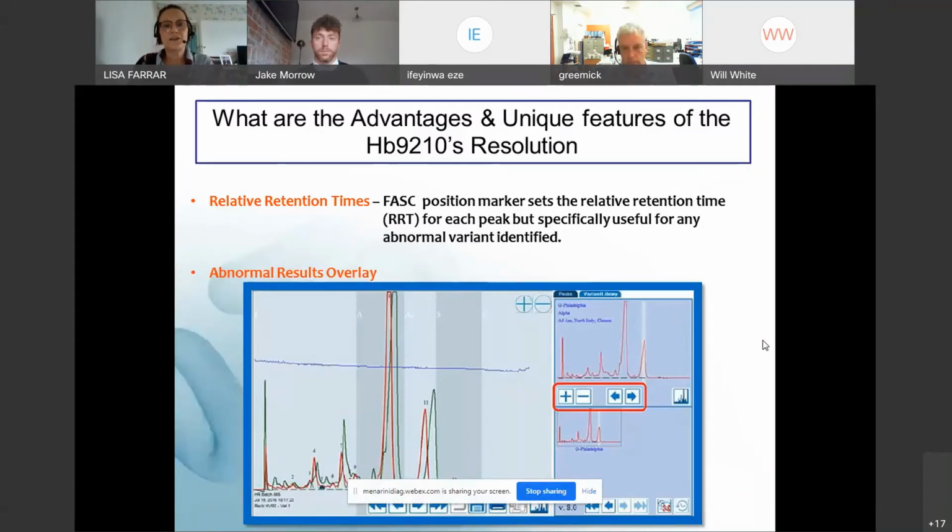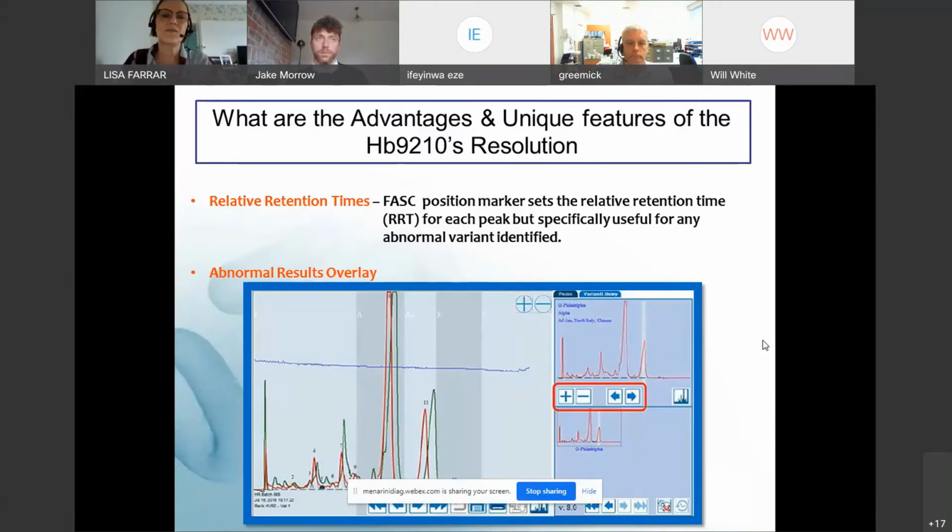A unique feature of the 9210 that isn't available on the very outdated software that I have on the Primus is the abnormal results overlay. Because the library consists of differentially diagnosed variants that have been identified by DNA analysis, you can be confident that when you're overlaying those chromatograms over the top of the patient chromatograms, you've got a true positive patient identification or positive abnormality confirmation, that you're not going against something that could be a C or could be a G Philadelphia.